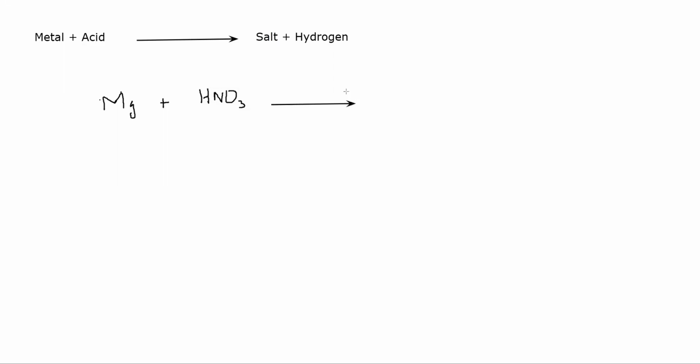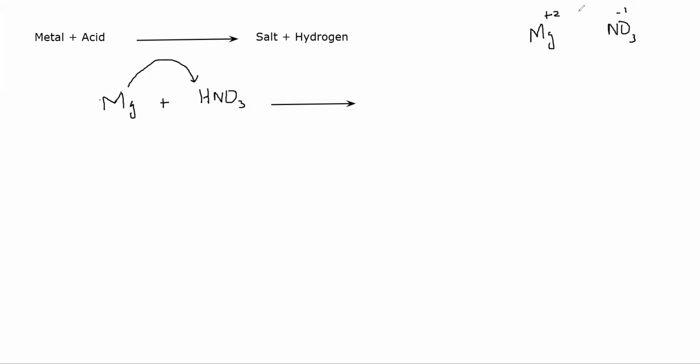So the metal will displace this hydrogen. Metal will take the position of hydrogen. What will be the product when magnesium displaces this hydrogen? So it's magnesium nitrate. You have to work out the formula for the compound which contains magnesium and nitrate. Magnesium is group 2, that's why it's +2, and nitrate is -1.